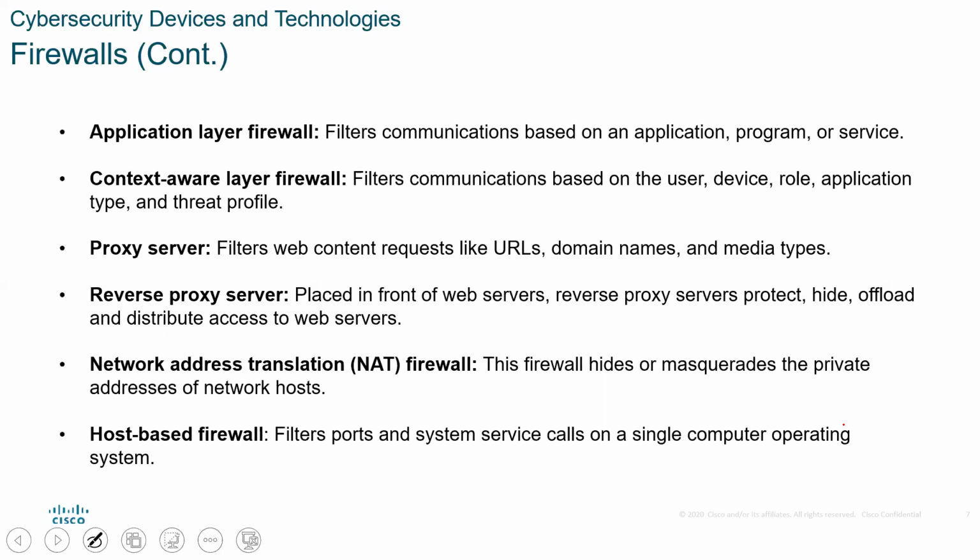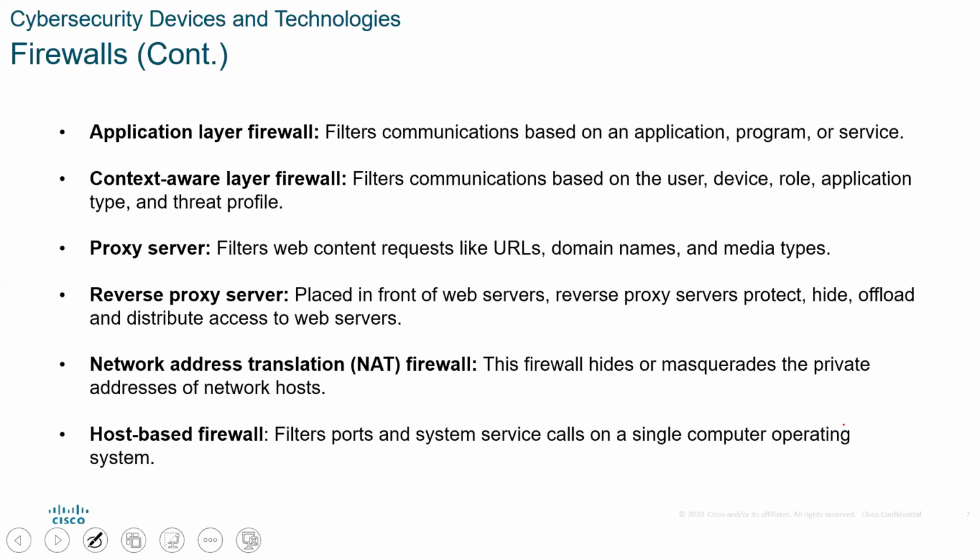It's like software that helps to block or permit or control the traffic based on the services you are deploying, maybe the software or the application you are using. Then the context-aware layer firewall filters communication based on the user's device, role, or application type, and even threat profile.